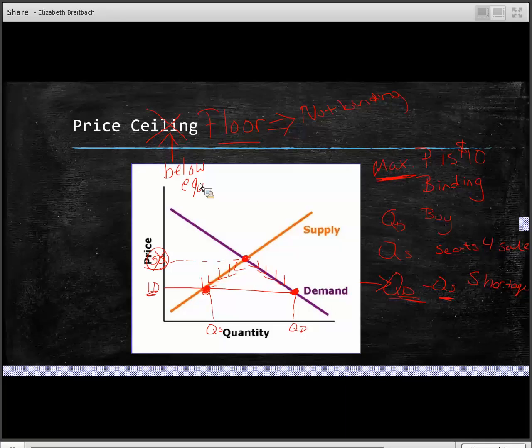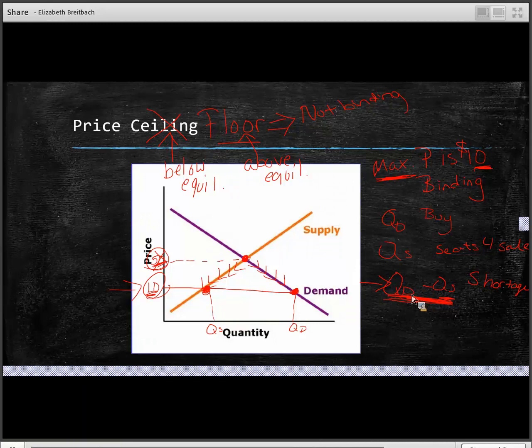And a price floor is only binding when it's set above equilibrium. So if it would have instead been a price floor of $10, it would have not been binding. But since it was a price ceiling, the government came in and set the maximum price to $10. The $50 price that was being charged was illegal, and it resulted in a shortage of QD minus QS.